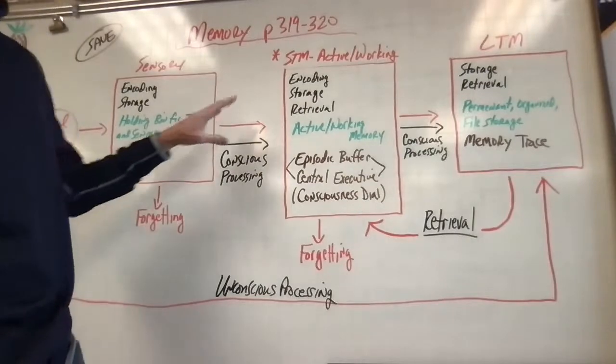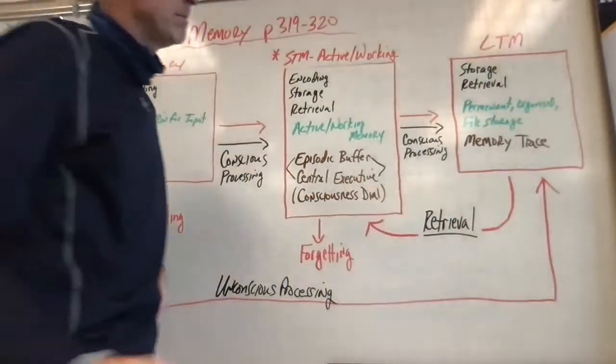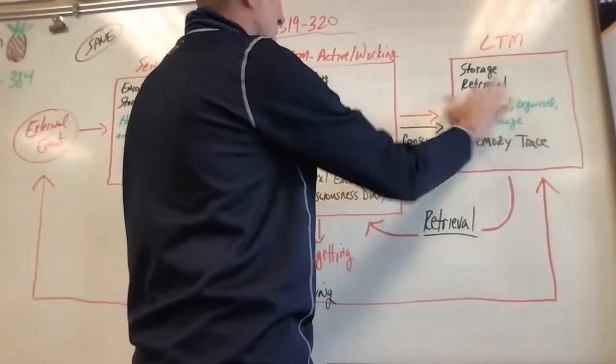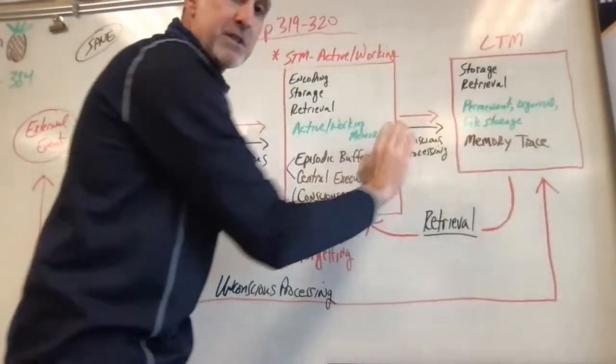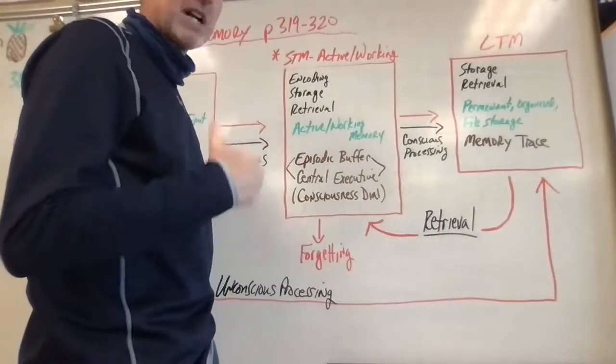Okay. Now, if it gets edited out of here and it gets put into long-term memory, we believe that it's stored forever. It's permanent. Okay. And then this also works with active working memory for the retrieval. So everything in here is filed, it's organized, and it's permanent so that I can find it.